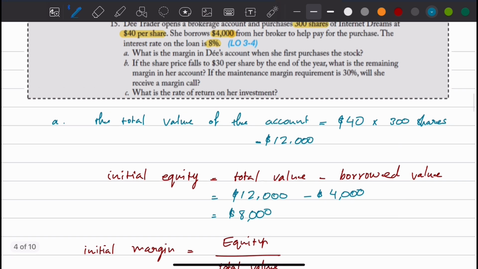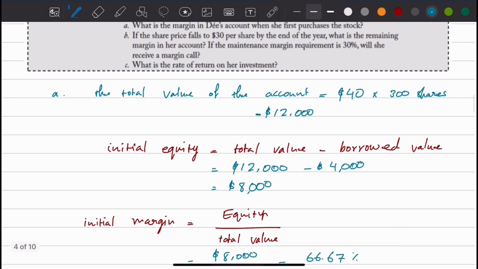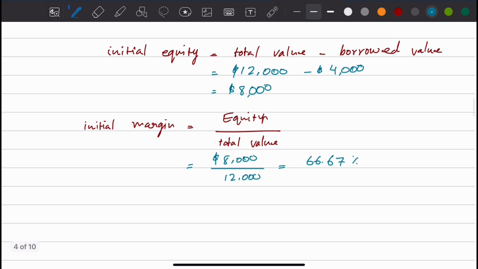Now let's go back and see part B. And now, of course, before we start with part B, just to make sure that we are all on the same page, what's happening here is that D-Trader opens a brokerage account and invests in a specific stock, but not all of the money is contributed by her. Some of the amount is borrowed from the broker, right?